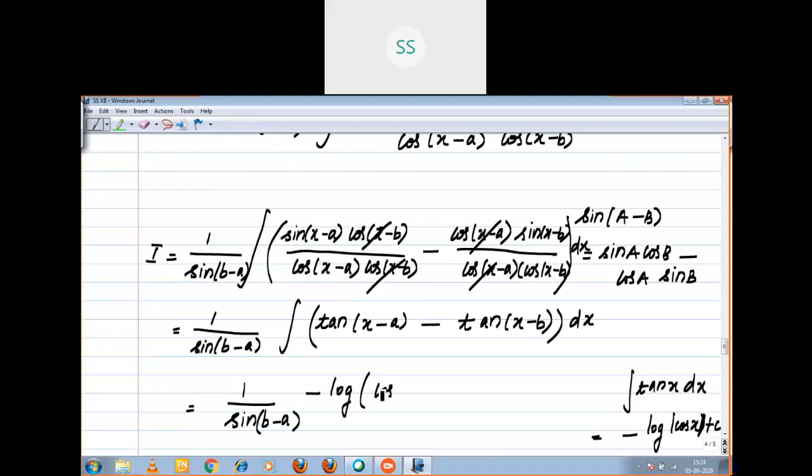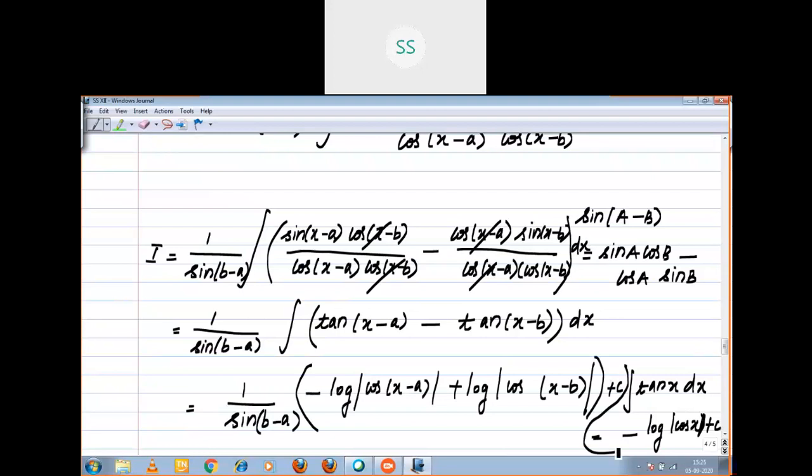Cos of x minus a. That should be in the modulus, children. Modulus cos of x minus a. Minus into minus, plus log of modulus cos of x minus b plus c. Got it? This is your formula, so that you don't get confused, children.